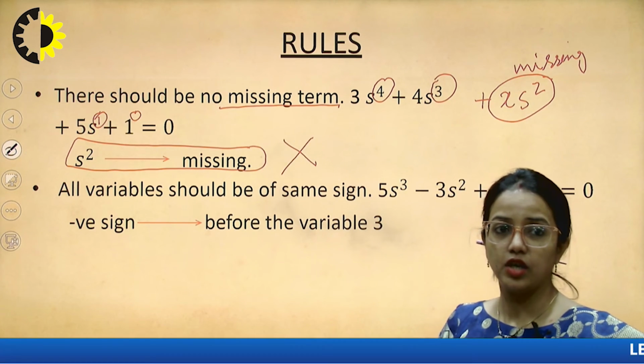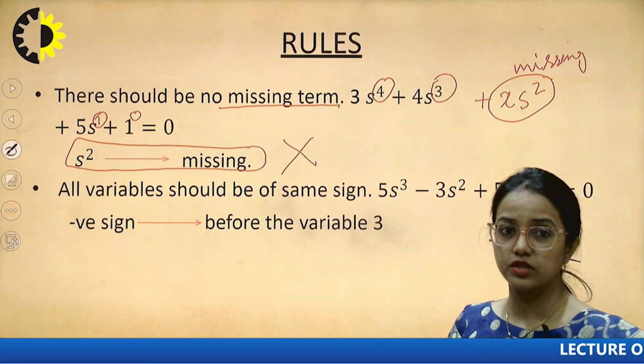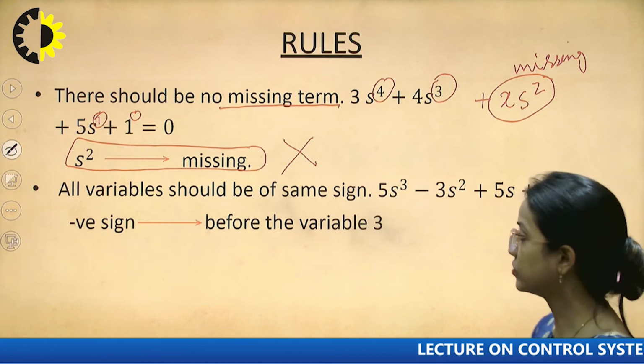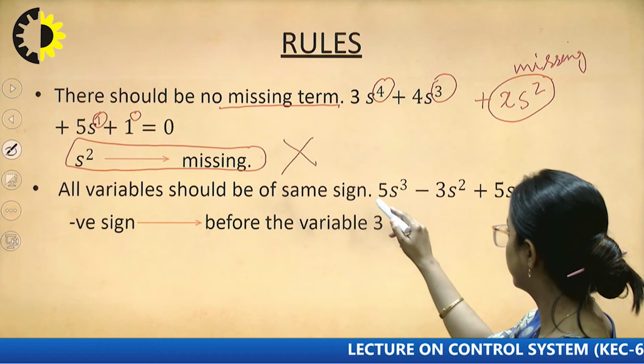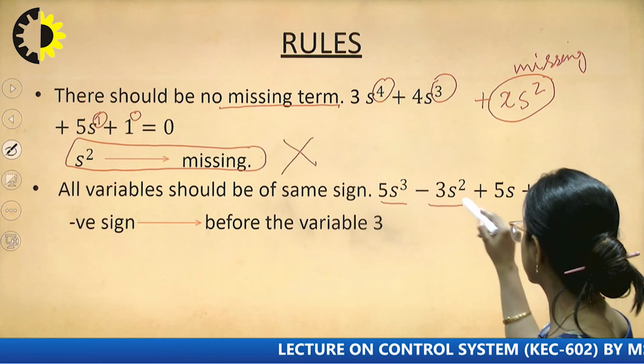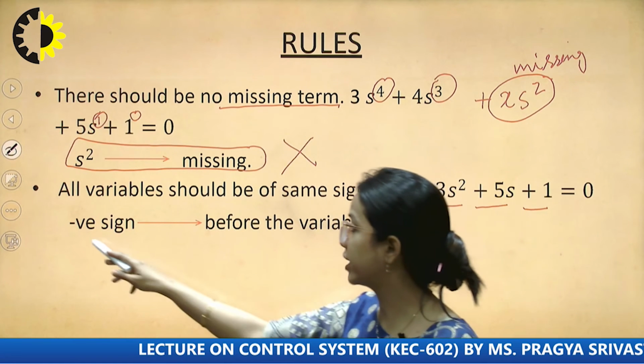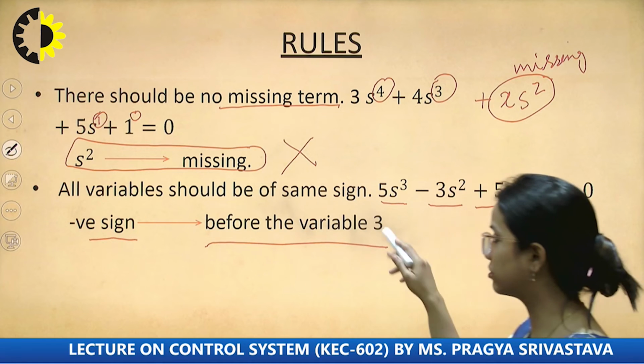All variables should be of the same sign, like 5s cube minus 3s square plus 5s plus 1 equals 0. Here there is a negative sign before the coefficient 3.